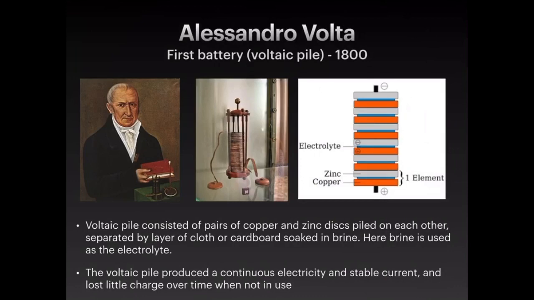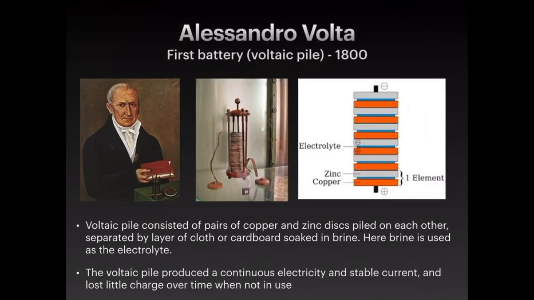This voltaic pile consisted of pairs of copper and zinc discs piled on top of each other, separated by a layer of cloth or cardboard soaked in brine. So in the voltaic pile, you can see piles of copper and zinc plates.